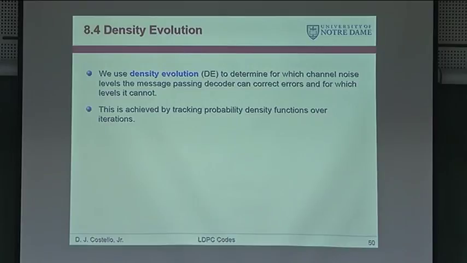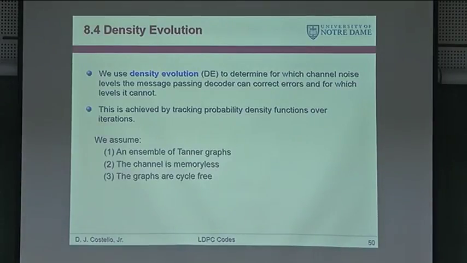We'd like to decode them using maximum likelihood decoding, but it's impractical. So a technique has been developed that allows us to analyze how well this belief propagation iterative algorithm will do with these low density type codes. And the result again is asymptotic, like this distance result. It's accurate if we're using very large block lengths, but if we use shorter block lengths it may not be as accurate.